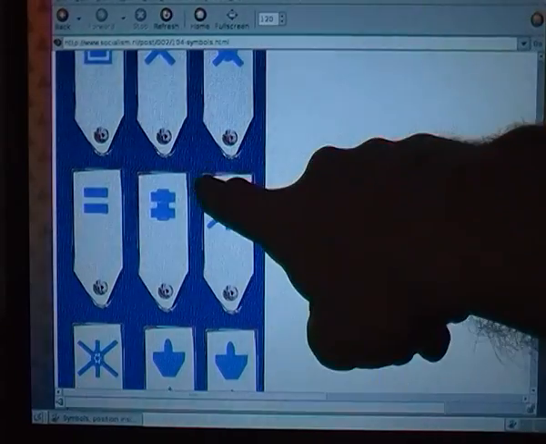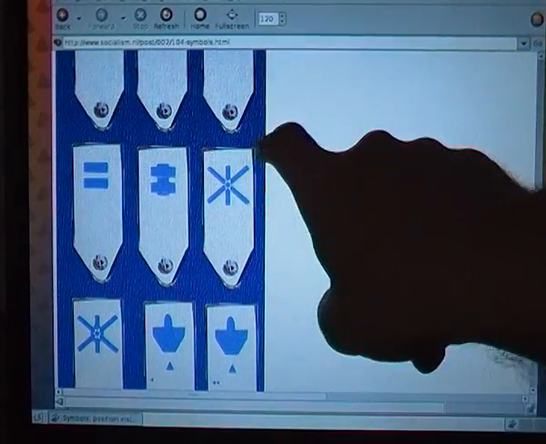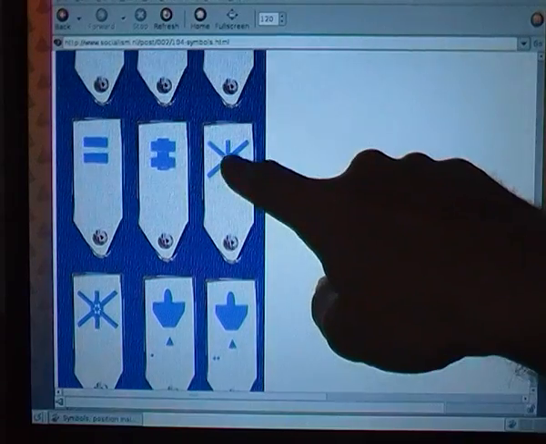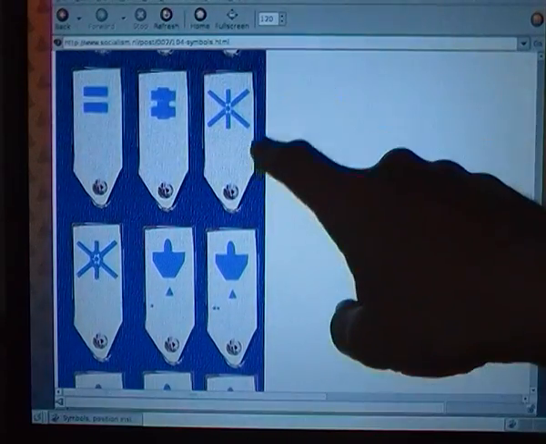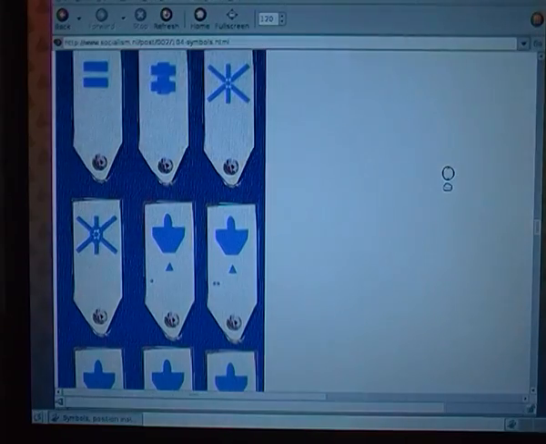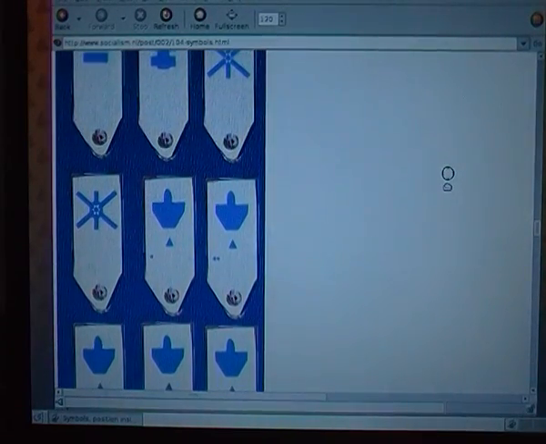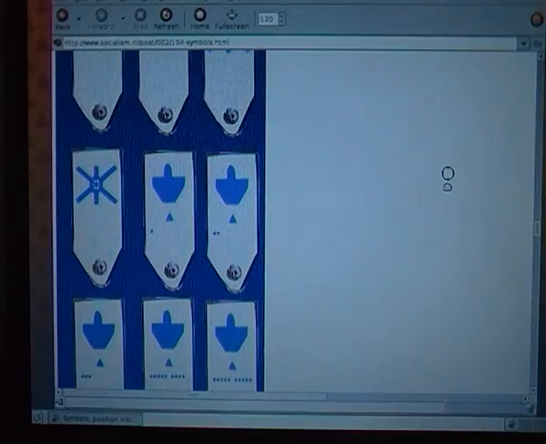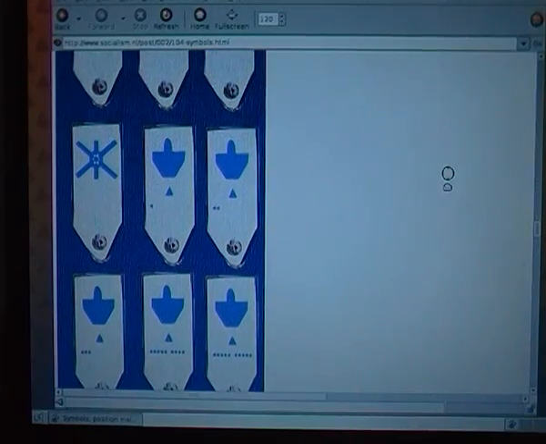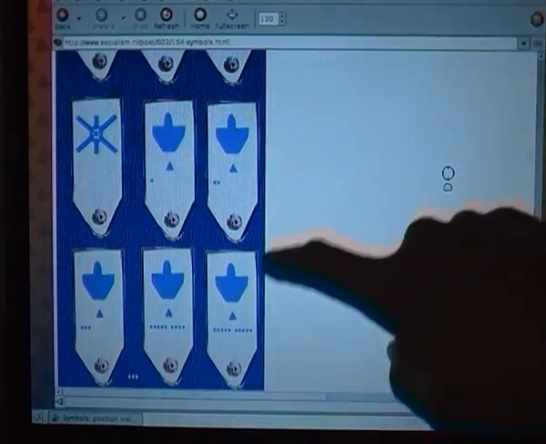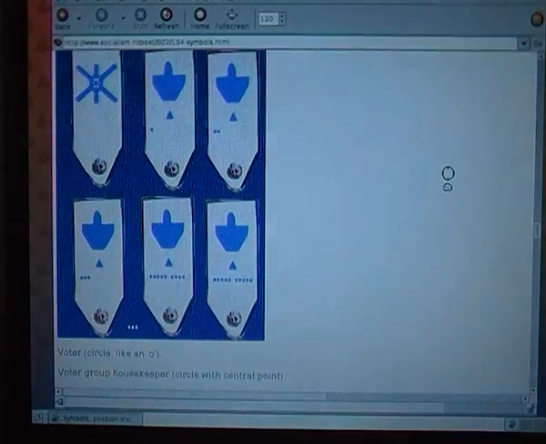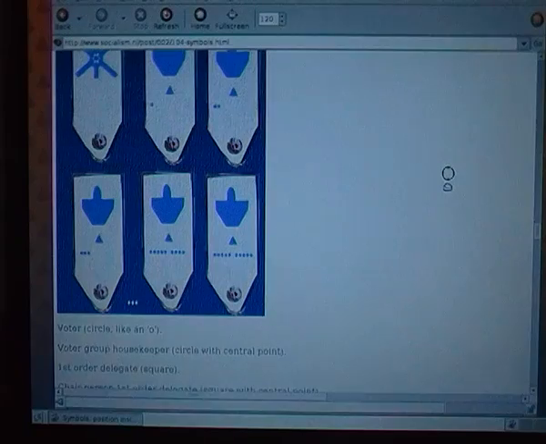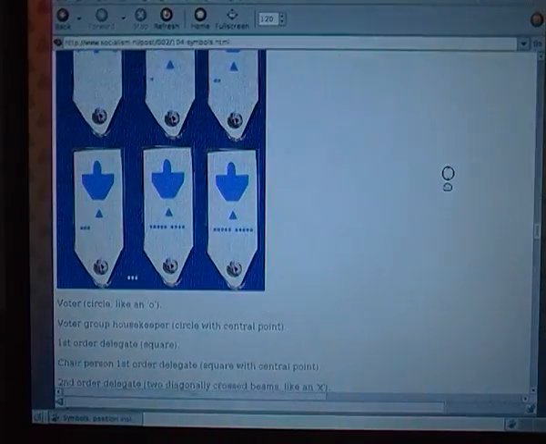This is simply 3 beams crossing each other. This shape here is a little artifact of that. That's not relevant. The oldest of the electoral committee is also the head of state. Which would be that one.